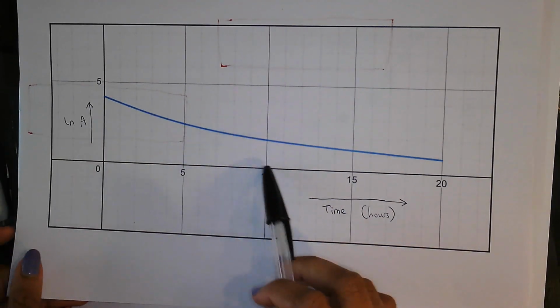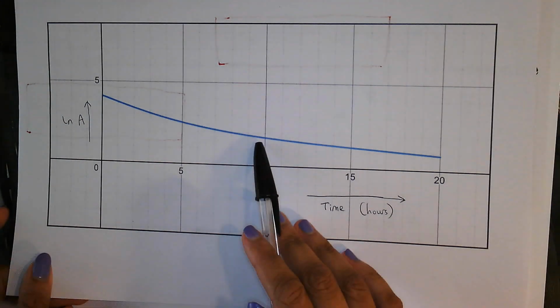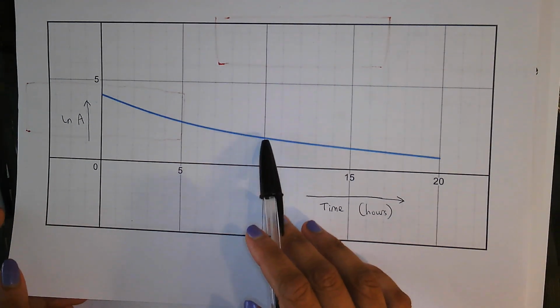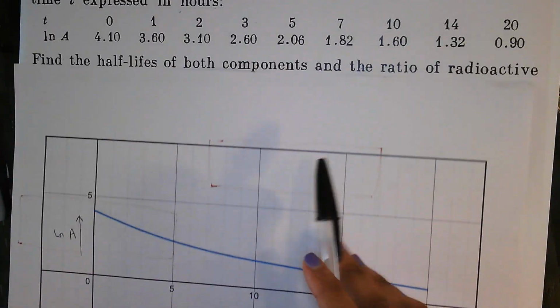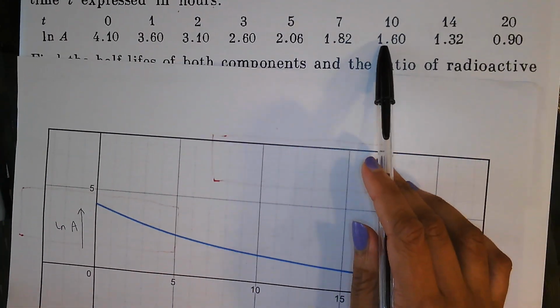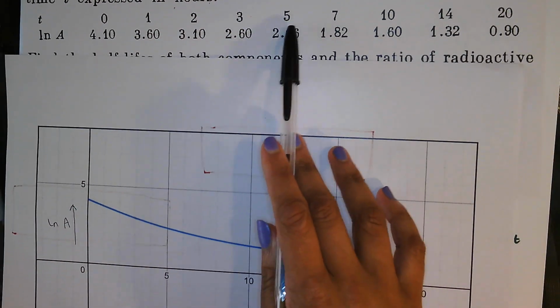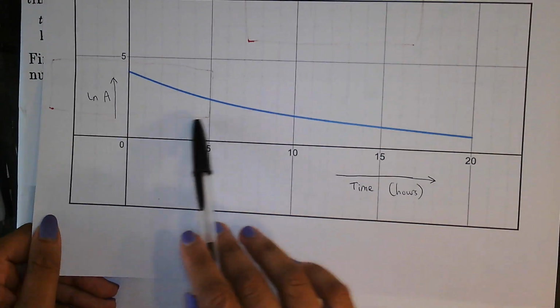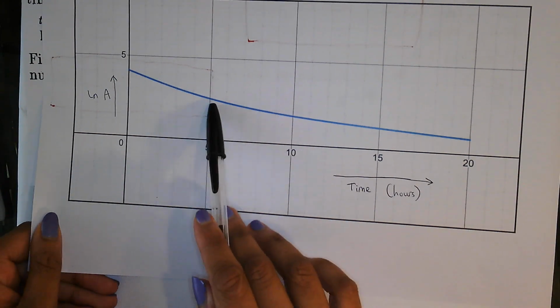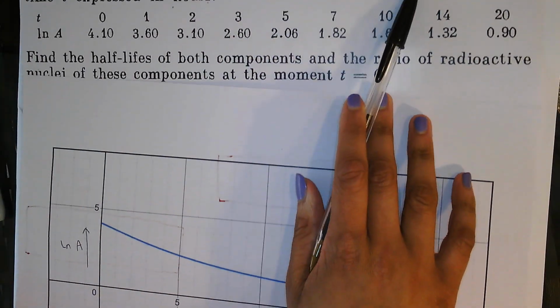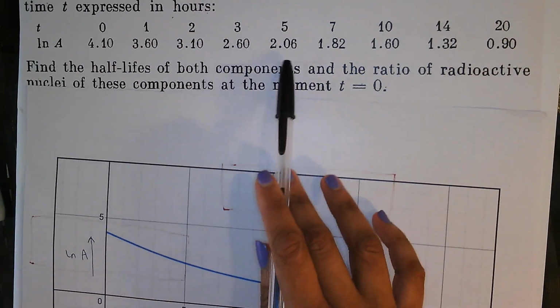And then again, when t equals 10, this graph is showing it's around just under 2, and here it's showing 1.6, so maybe that's a little off, I think. And again, when t equals 5, here that's showing around 2.5, whereas it should be around 2.06, so that's very clearly off.